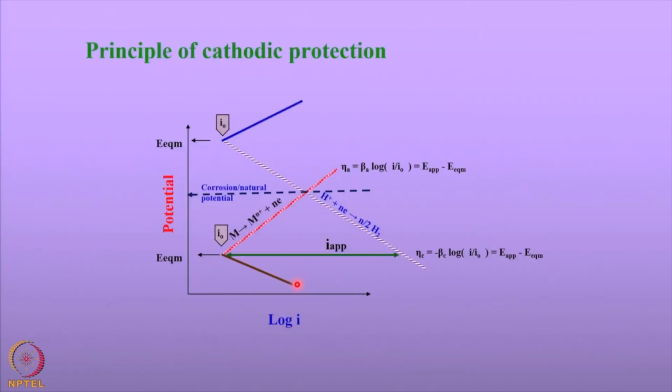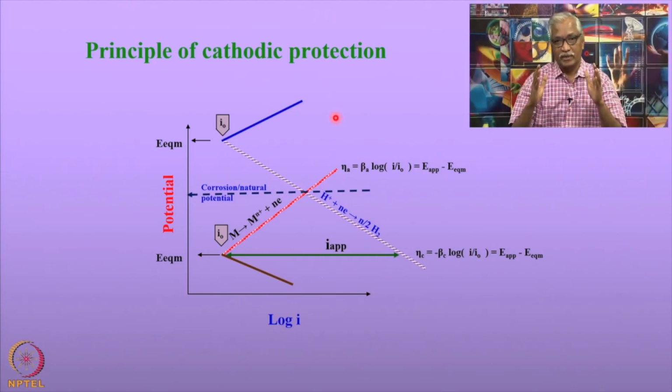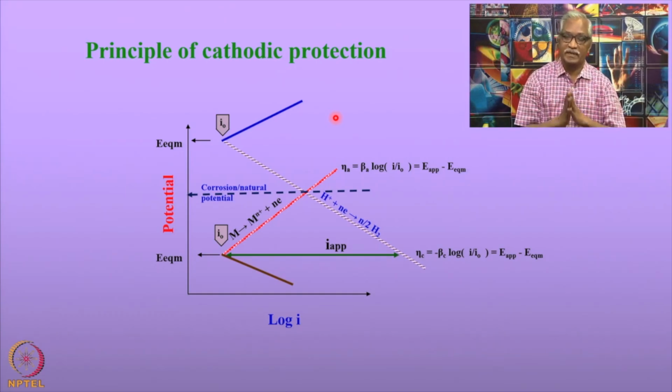Let me first start with the principles of cathodic protection engineering. We have seen this slide in one of the earlier lectures. We know that when you expose a metallic structure in soil or any corrosive environment, it attains a corrosion potential, in the parlance of cathodic protection engineering, the natural potential, that is given by this diagram here.